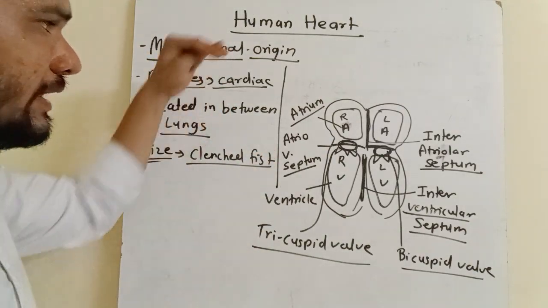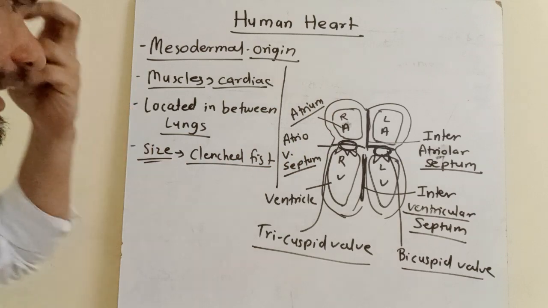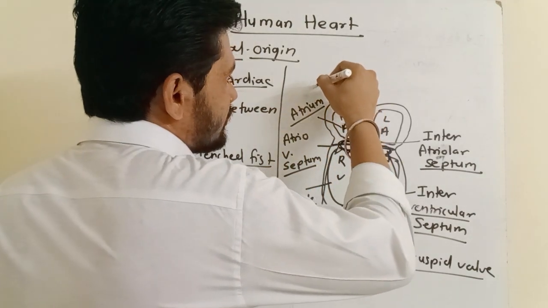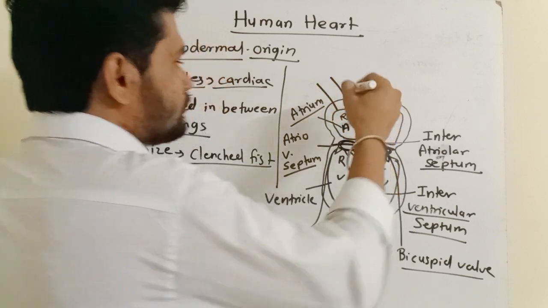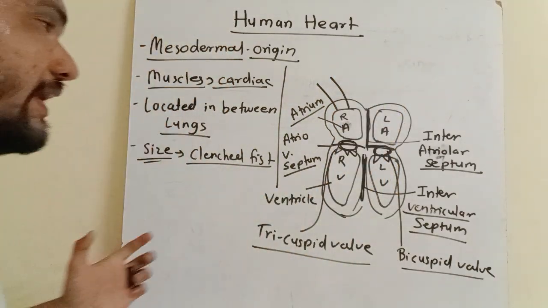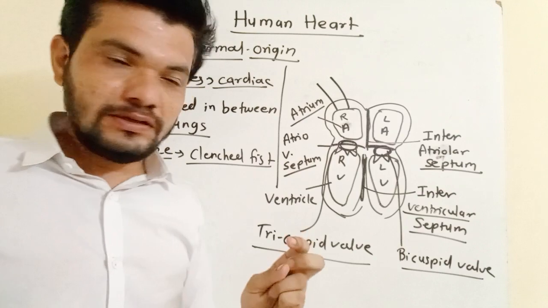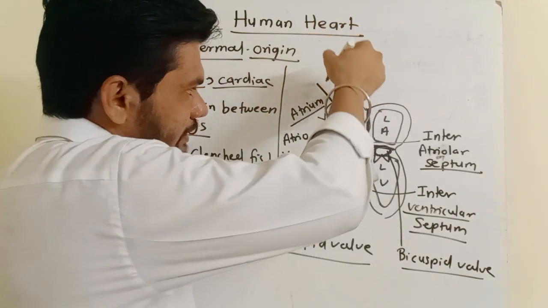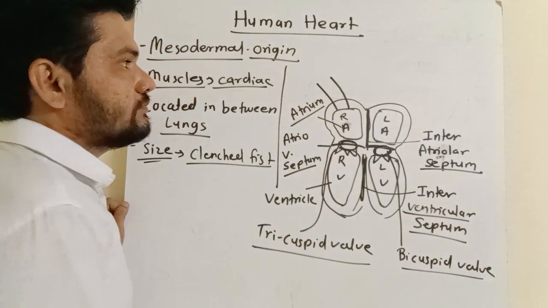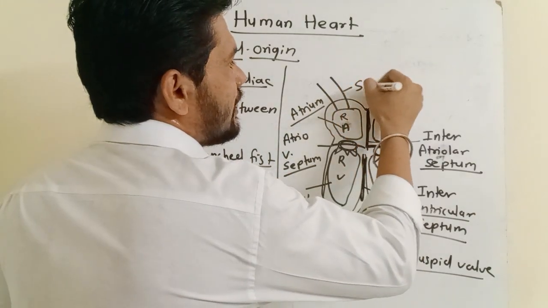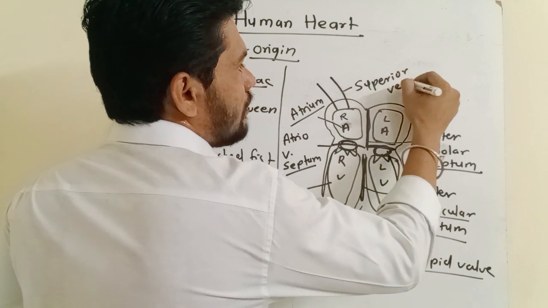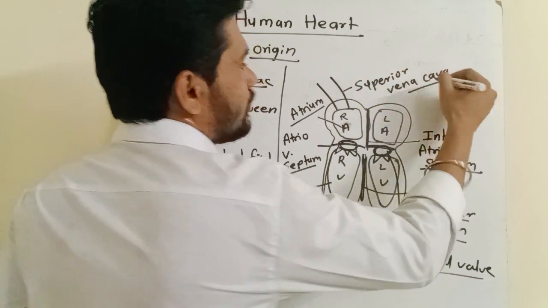Then let's see how blood comes inside the right atrium. In the right atrium, blood will come by two main veins called vena cava. One brings deoxygenated blood into the right atrium, which is called the superior vena cava.